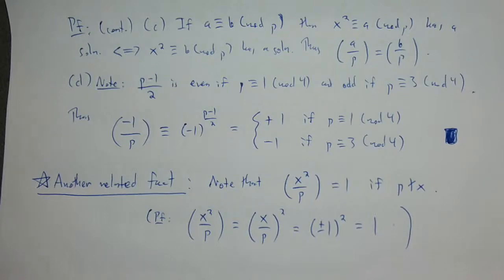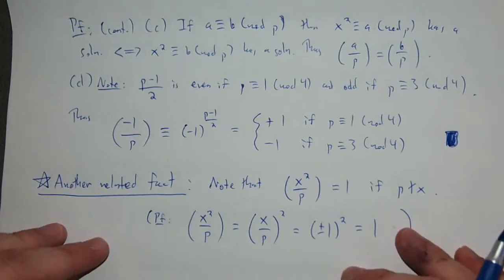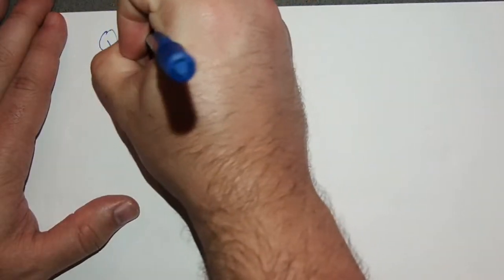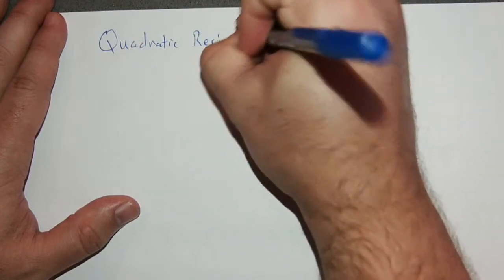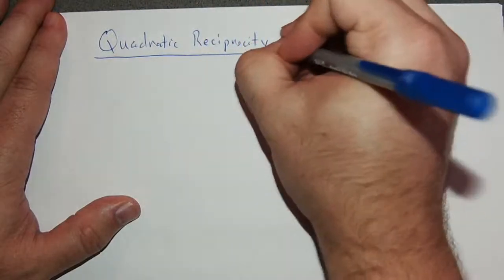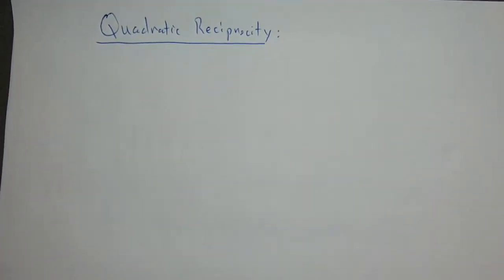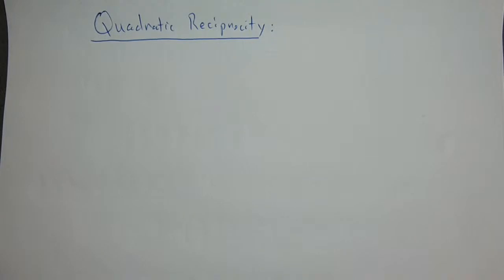Okay, so now for the big time. On to quadratic reciprocity. This is definitely the deepest theorem that we'll talk about, in the sense that we could actually prove this.